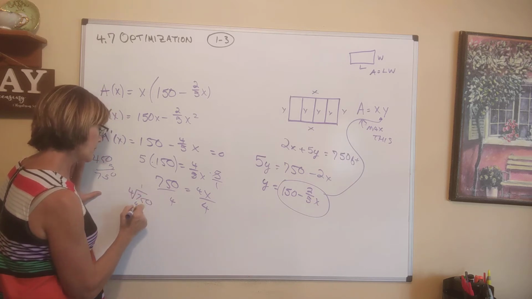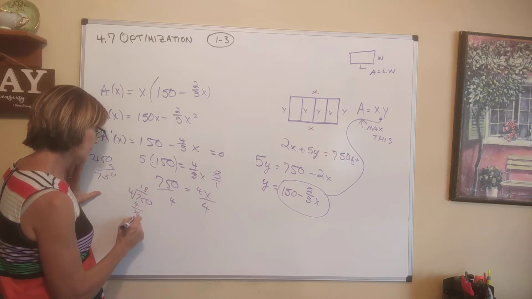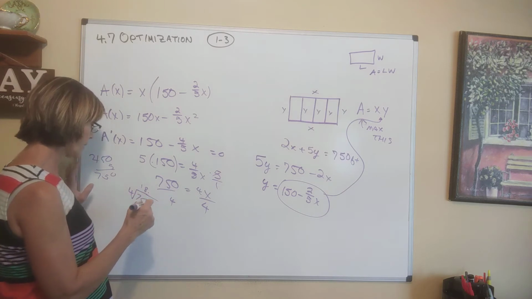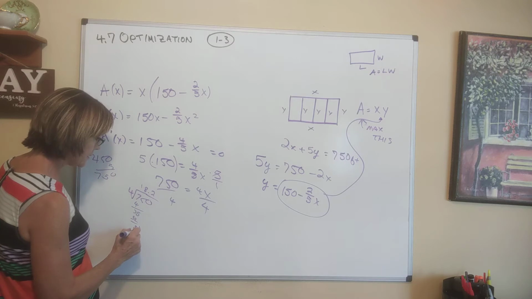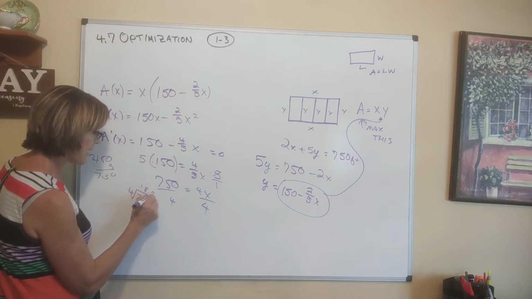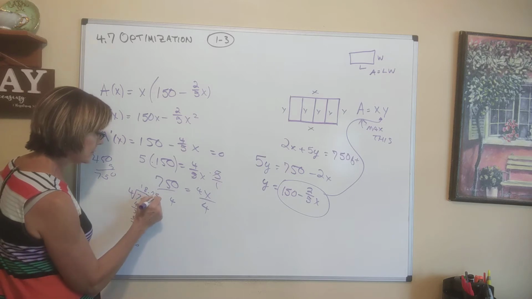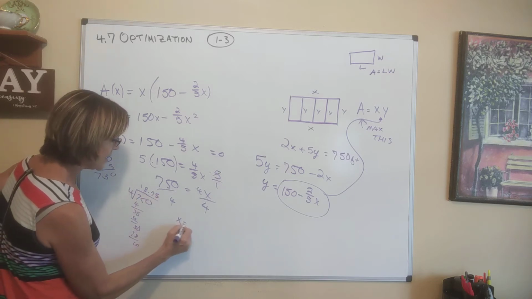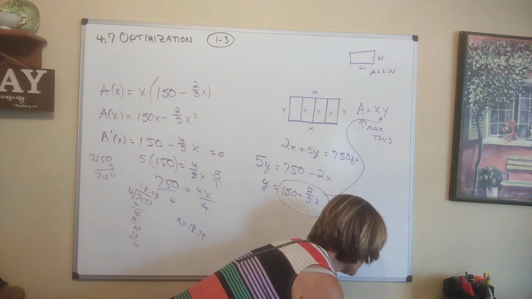All right. Oh my goodness, I should have brought my calculator. I'll have to double check this real quick. 8 times 4 is 32. 7 times 4 is 28. 1875, is that right?